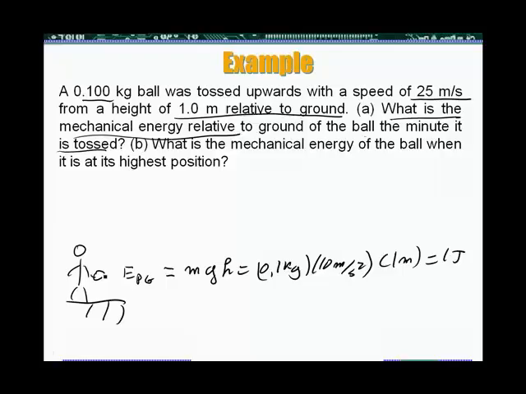Now, tossing it is giving it kinetic energy. So that kinetic energy is 1/2 mv squared. Now in this case, that's going to be 1/2 of 0.1 kilograms times 25 meters per second squared.